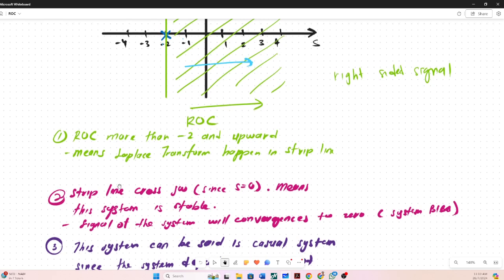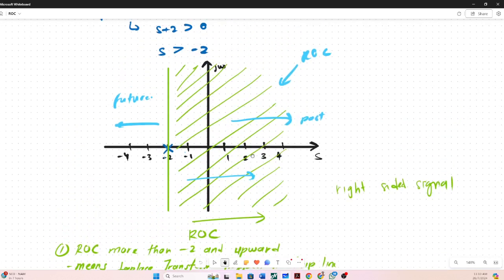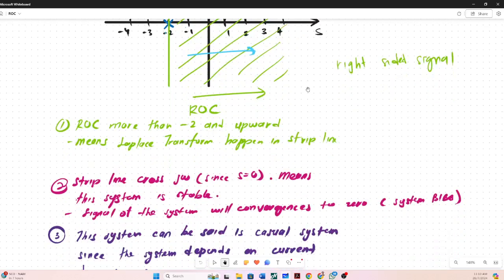So we can conclude that the system is stable when the shaded area touches the imaginary axis. This system is also said to be causal, because the system depends on the current value and the past value. Because the signal is at the right side, the system is causal. So this system is said to be stable and causal.